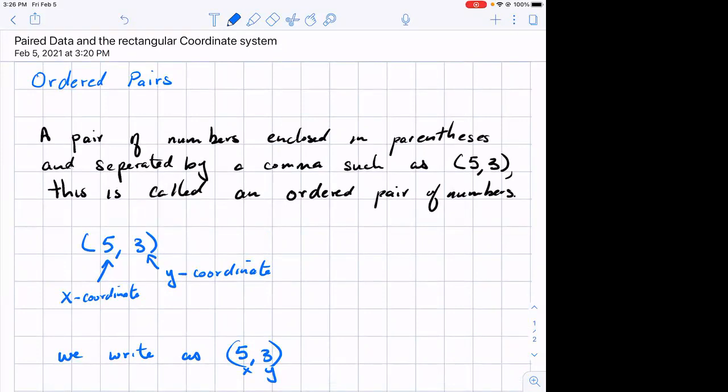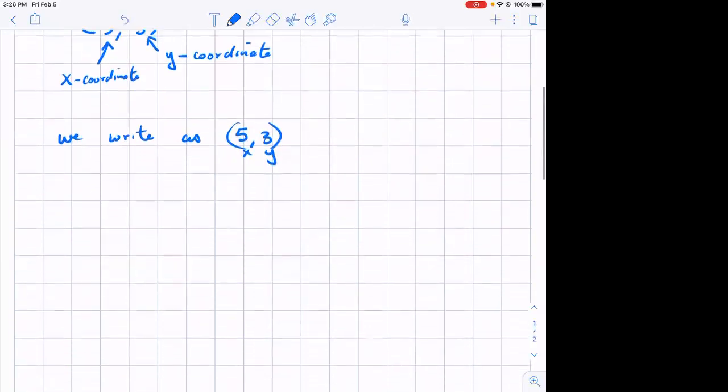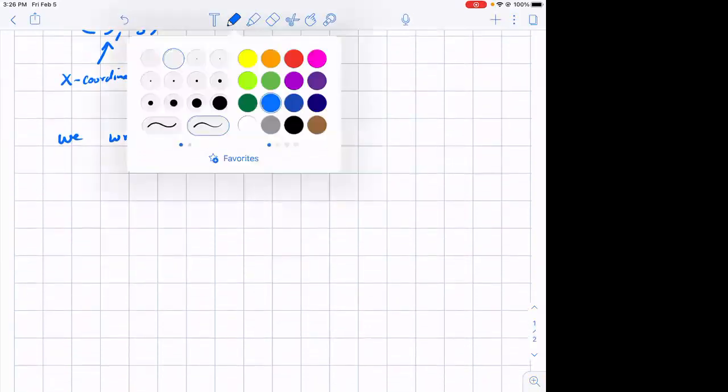The standardized way in which we display paired data is what is called a rectangular coordinate system.